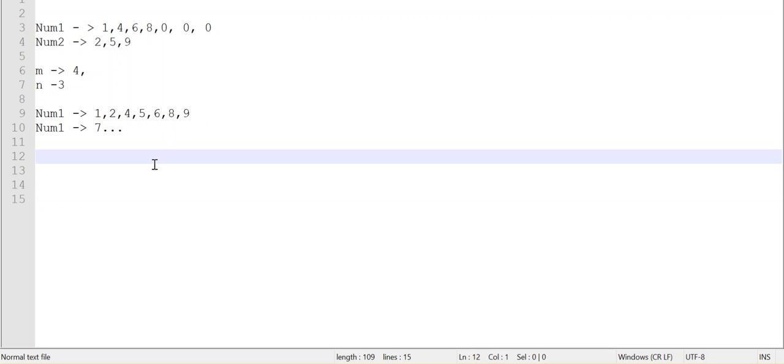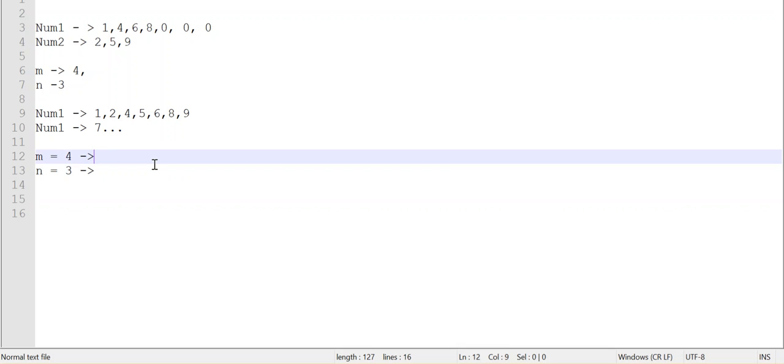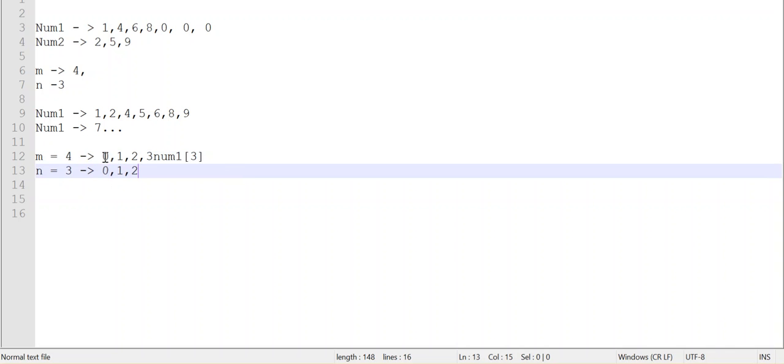Say m is equal to 4 and n is equal to 3. The indices go 0, 1, 2, 3 for nums1, and 0, 1, 2 for nums2.